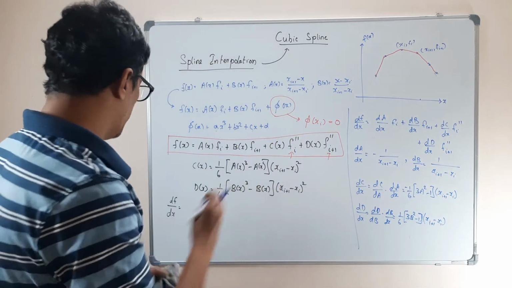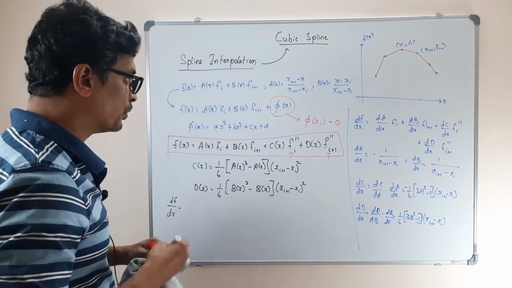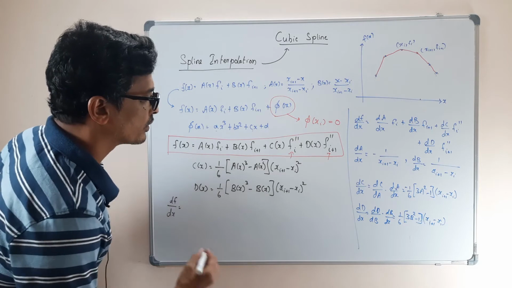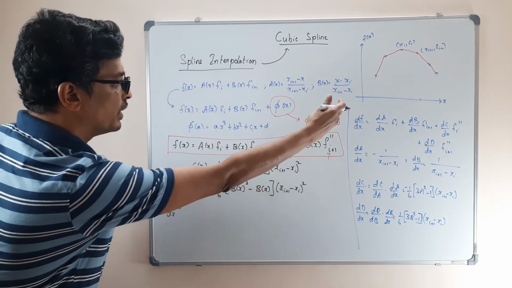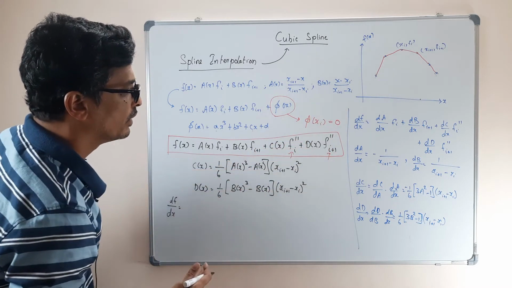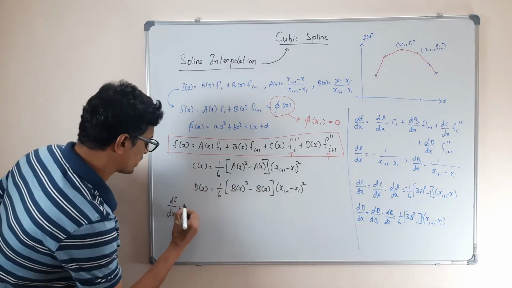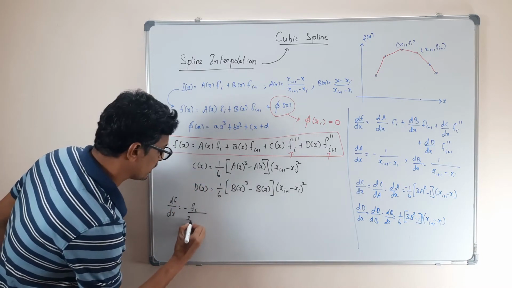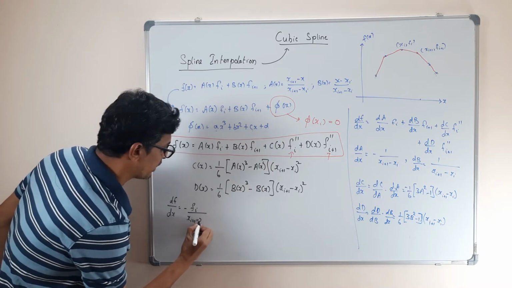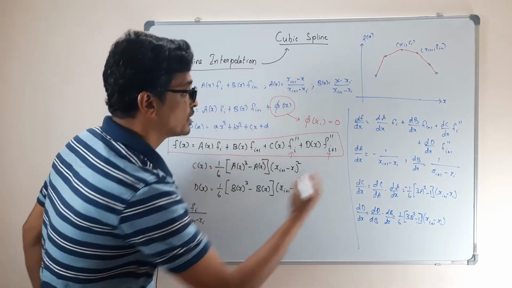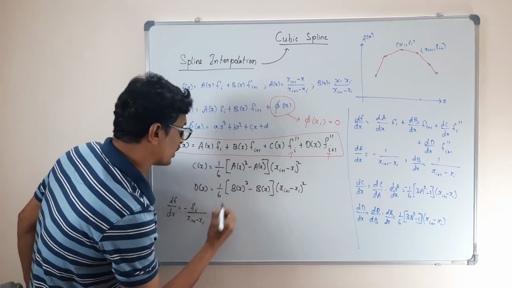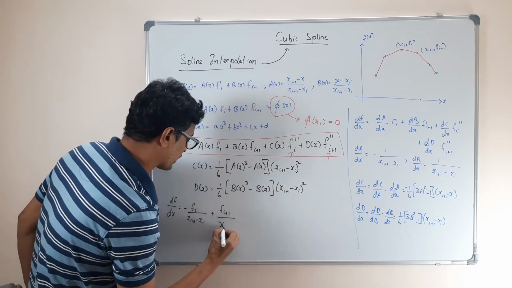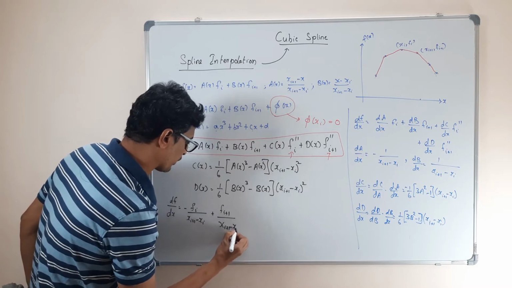So therefore, let us write it down, df by dx will be df by dA times dA by dx of f of I, where dA by dx is equal to minus f of I divided by xi plus 1 minus xi, plus dB by dx is equal to 1, so that will be f of I plus 1 divided by xi plus 1 minus xi.